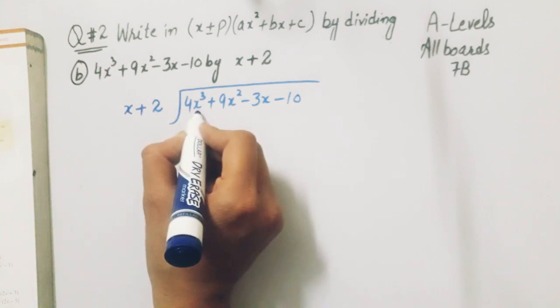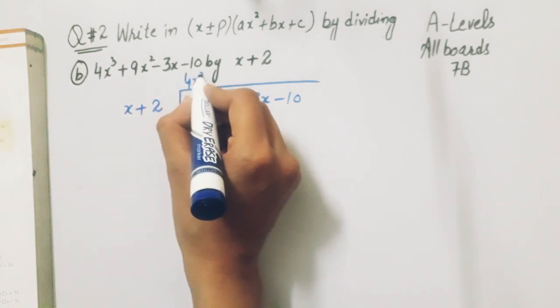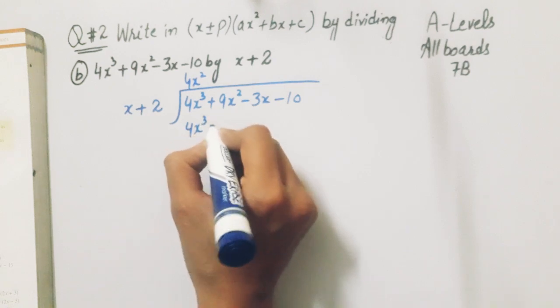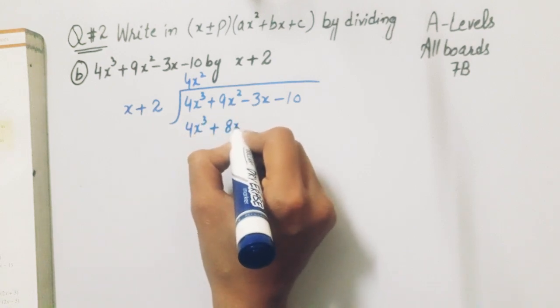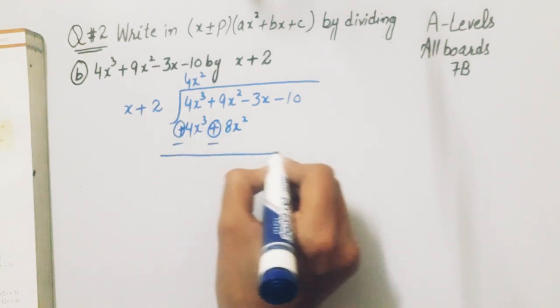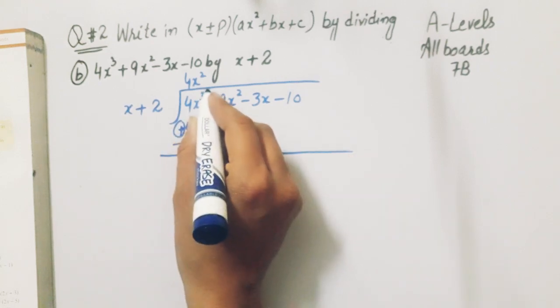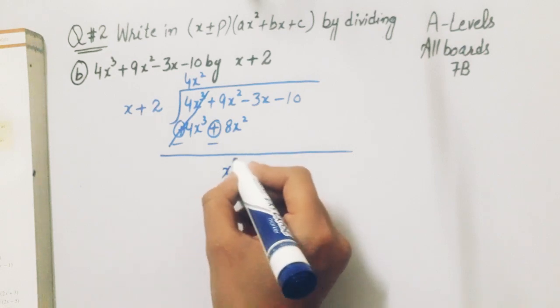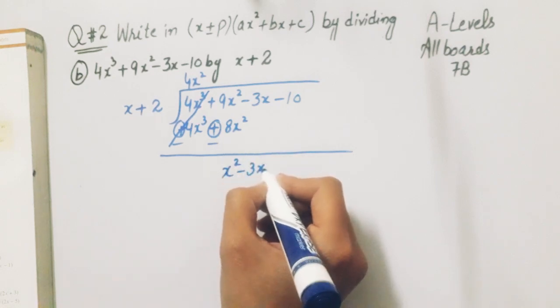We will multiply x by 4x square to make this 4x cube. So 4x cube plus 8x square. Change the old signs and we will get the new signs. 4x cube minus 4x cube will be cancelled. 9x square minus 8x square is x square, minus 3x.